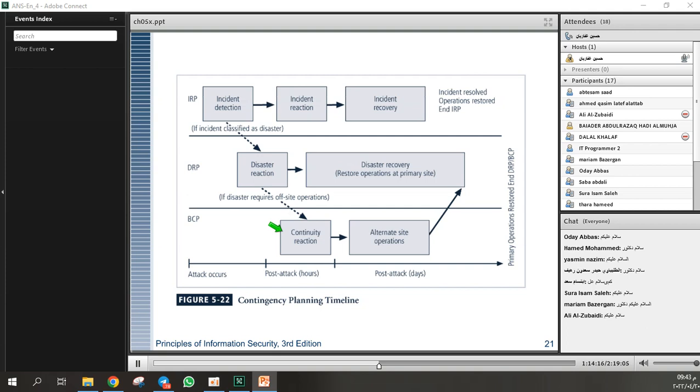Maybe during an earthquake, I lost my company's main site. What should I do after that? Where is my alternative site? Do I have an alternative site, yes or no? If I have, I should move my business to that alternative site.